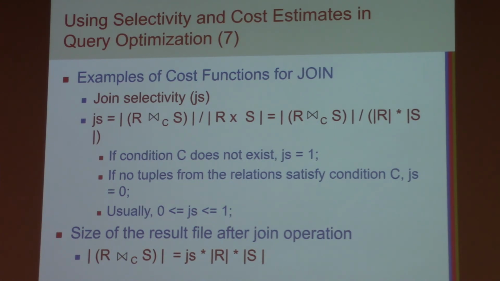This one is the number of joined cases. So join selectivity is always less than or equal to 1, because it's a ratio, and bigger than 0. Then finally, the size of the result is the join selectivity times R times S. That is how many results will be returned.